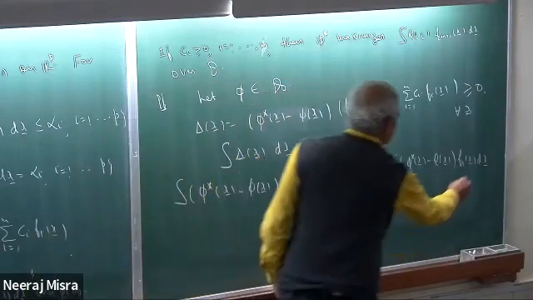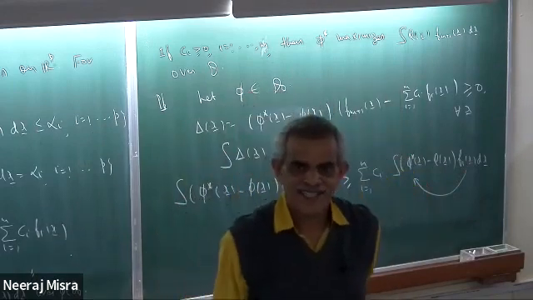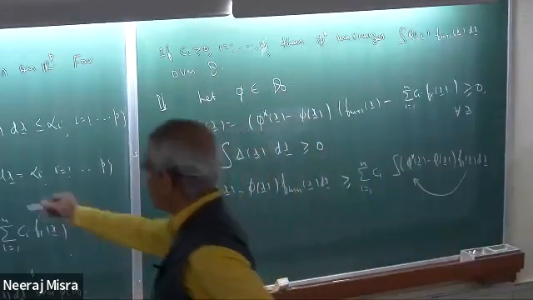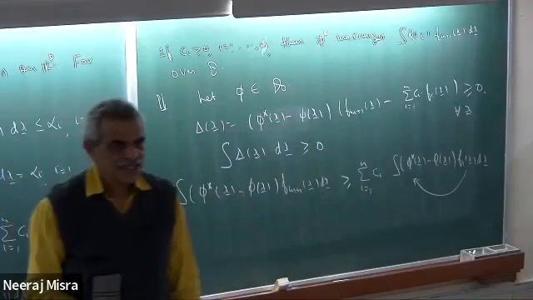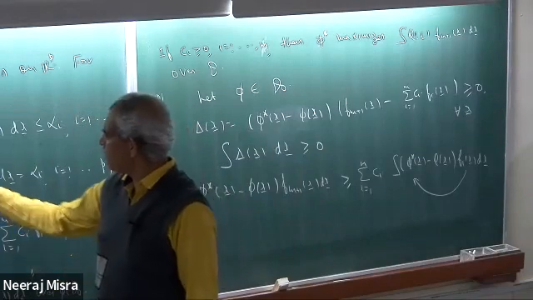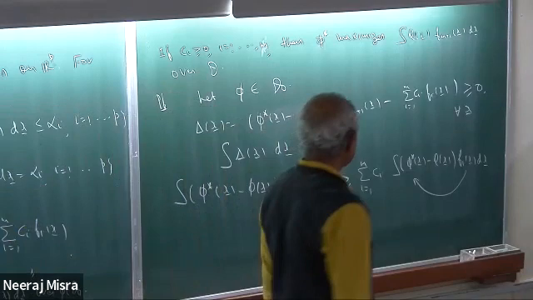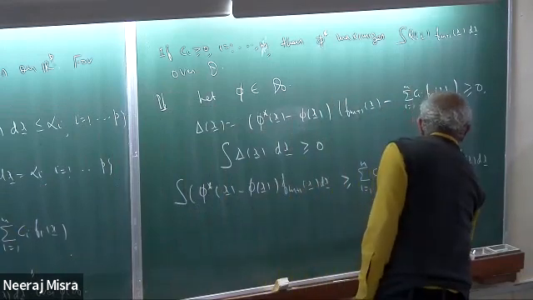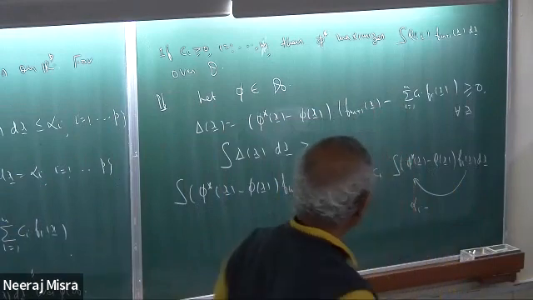What is this quantity? Integral over phi star x times fi. Phi star is an element of D0, that means integral over phi star x is the same as alpha. So this would be alpha minus... What is happening over here?